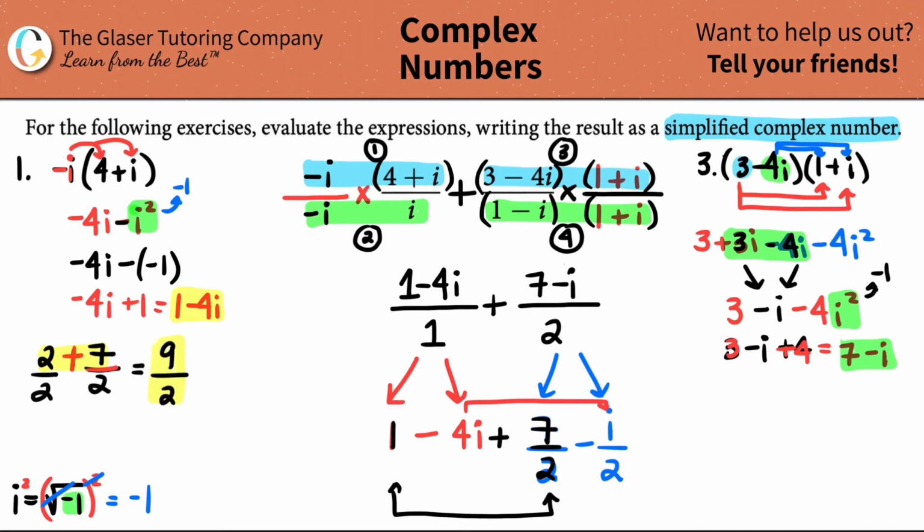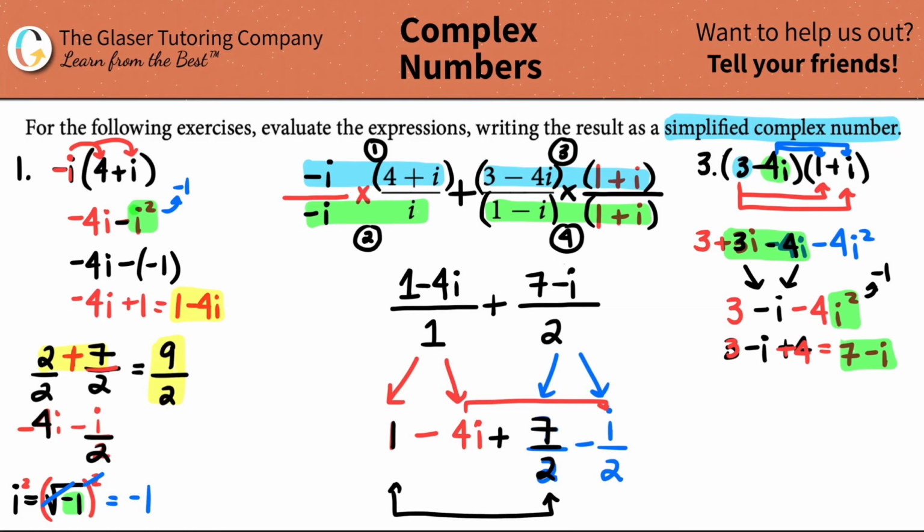Now let's do the same idea for the imaginary components. I have a negative 4i, and I'm minusing an i over 2. Okay, same idea here. The denominator is a 2, so I want to turn this into a denominator of 2.